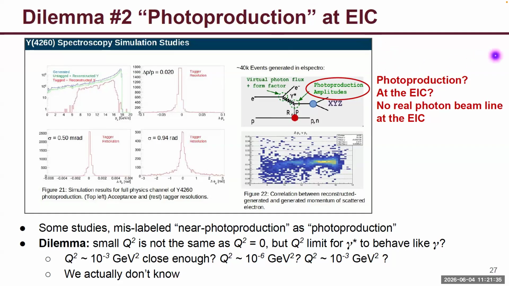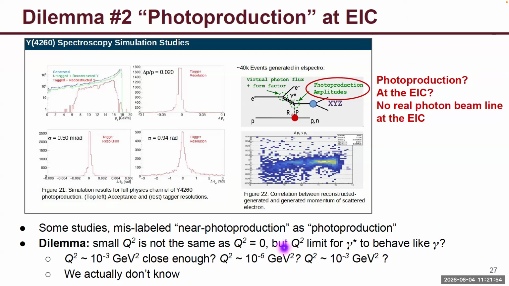So for photo production at the EIC, one thing is for sure: there is no real photon beam at the EIC. This has absolutely not happened yet, and it's not going to happen in the project. So what does photo production mean here?